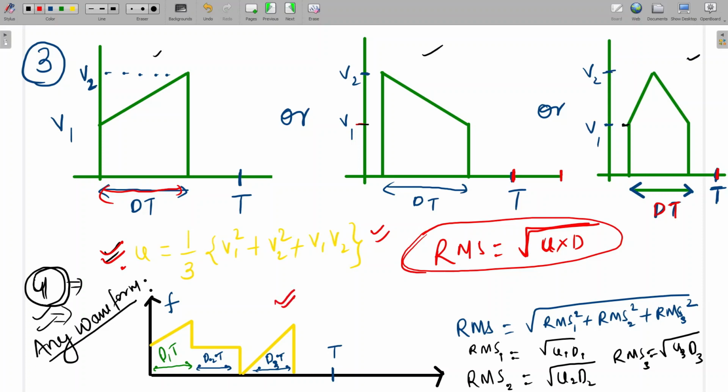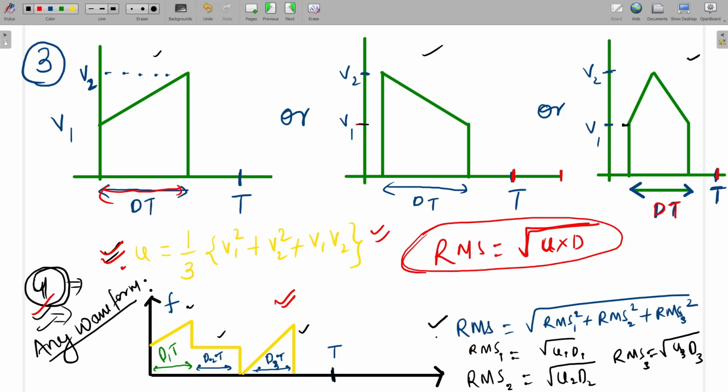You see, this is the combination of waveforms. In this, all three types of waveforms are there. The third type, here a constant waveform, and here a triangular waveform. So any random waveform will be there. How can we calculate the RMS value? This is the periodic waveform, and this is the time period.